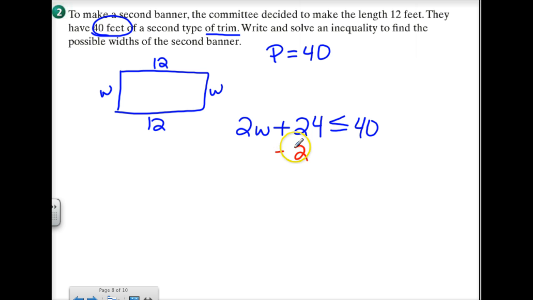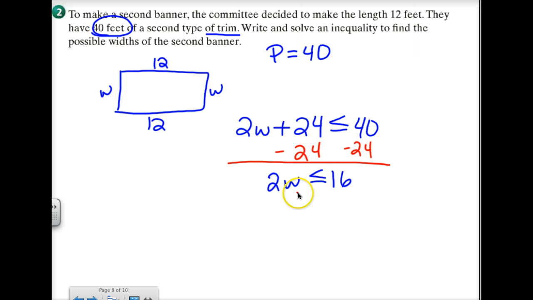So we're going to subtract 24 on both sides. 2w is less than or equal to 16. Divide both sides by 2. So we end up with w is less than or equal to 8. We don't flip the sign because we didn't multiply or divide by a negative. So our width for our second banner can be anywhere from 8 or lower.